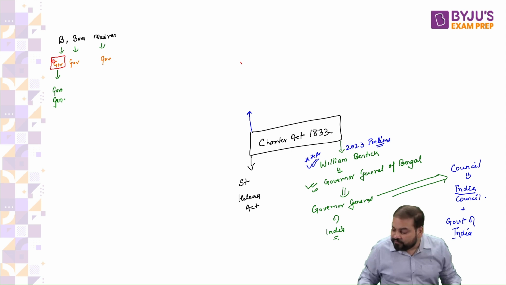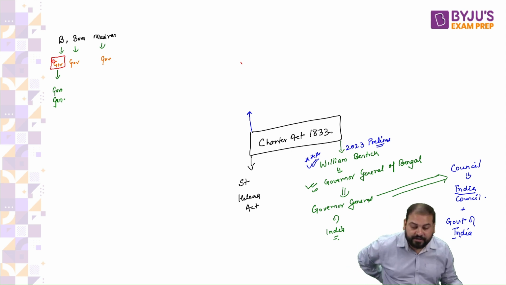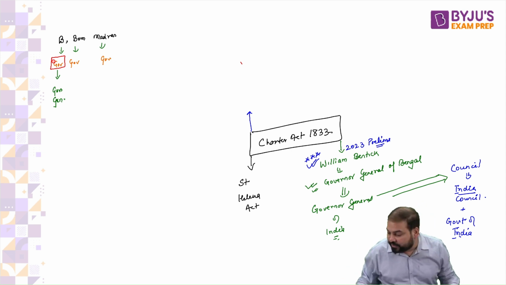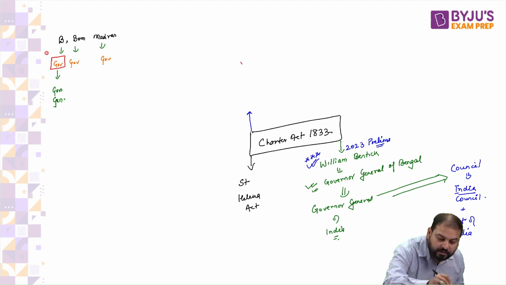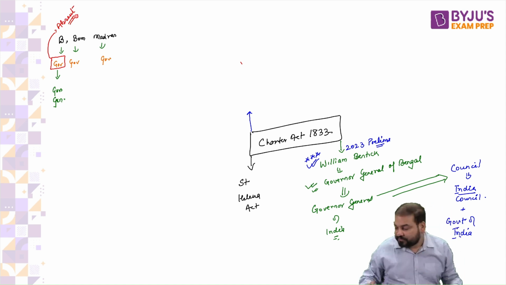If the governor of Bengal has become Governor General of India, who is the governor of Bengal? Guys, basically, this position is now absent. There is no one here. Theoretically, there is no one. Nobody is now basically Governor of Bengal because he has become Governor General of India.